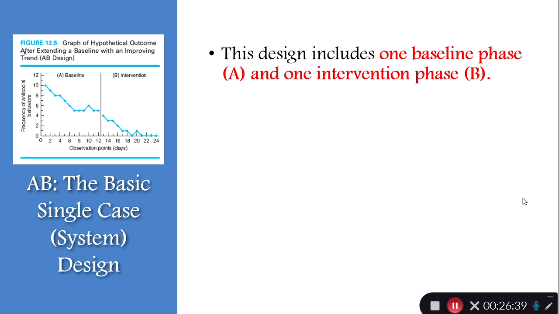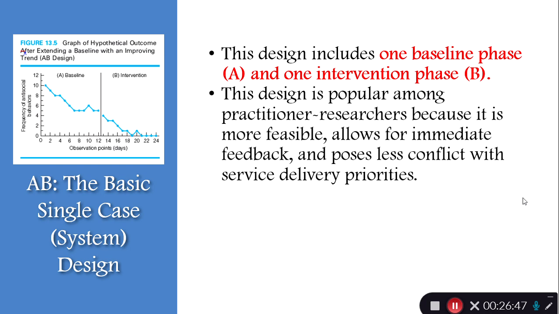So within the AB design, again, this is the most basic single case design. This design includes one baseline phase and one intervention phase. This design is popular among practitioner researchers because it is more feasible and allows for more immediate feedback, and it poses less conflict with service delivery priorities. And the reason for this is because it has one baseline phase and one intervention phase.